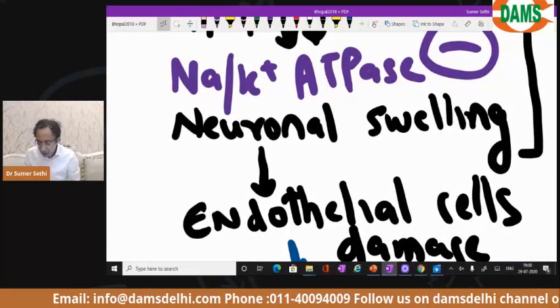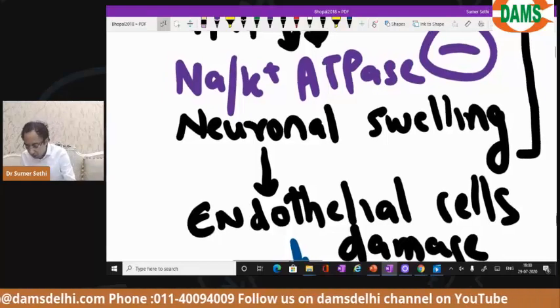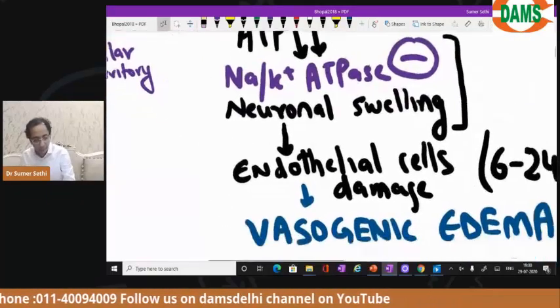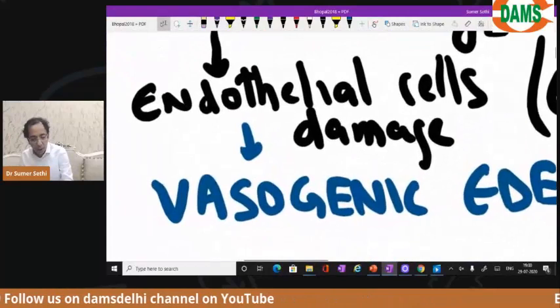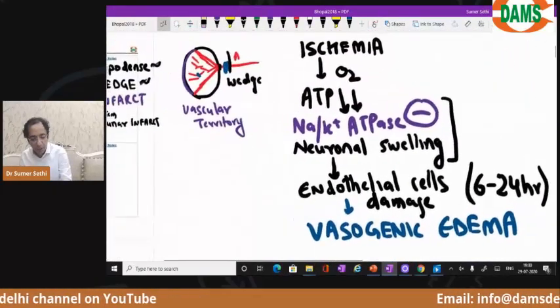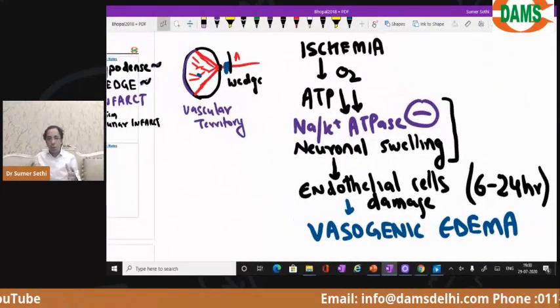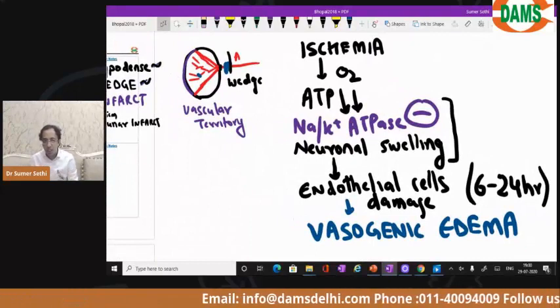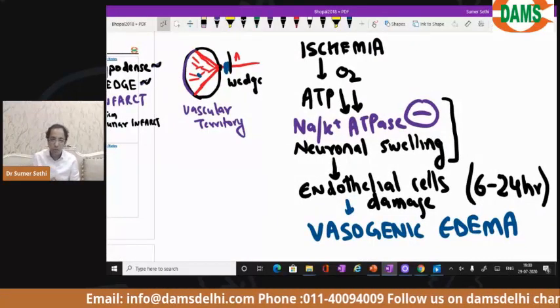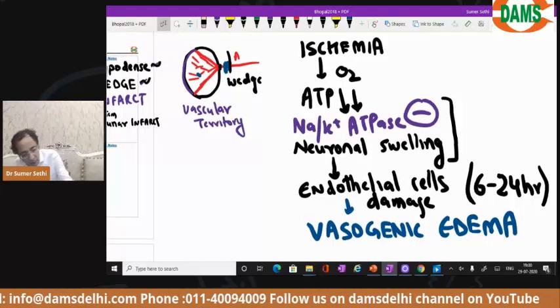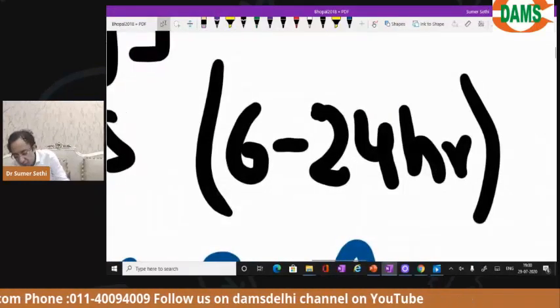If sodium potassium ATPase is not functioning, the neuron will be swollen. Then later on, the endothelial cell damage will happen, the capillary will be leaking, and there will be surrounding edema, which is called vasogenic edema. It takes 6 to 24 hours to develop.